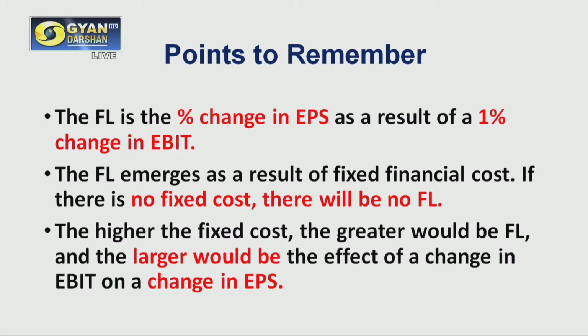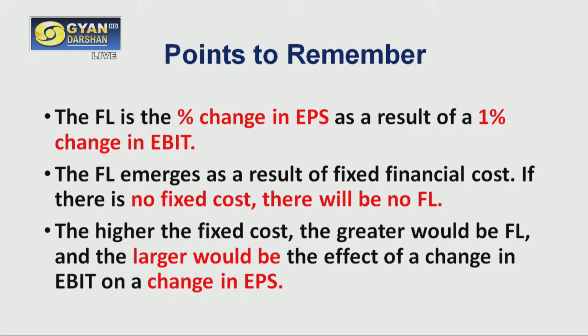Okay, so this is another formula, but the impact, the calculations and everything will remain the same as we did for operating leverage using two different formulas. In this case also we just need to remember a few points. The financial leverage is the percentage change in EPS, which is a result of percentage change in EBIT, and it is emerging as a result of fixed financial cost.